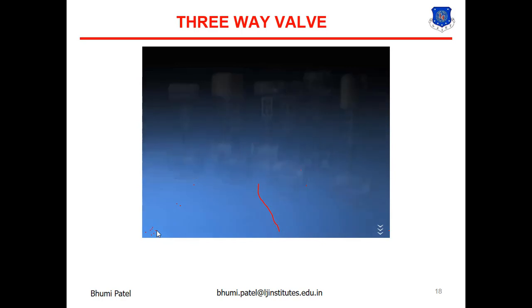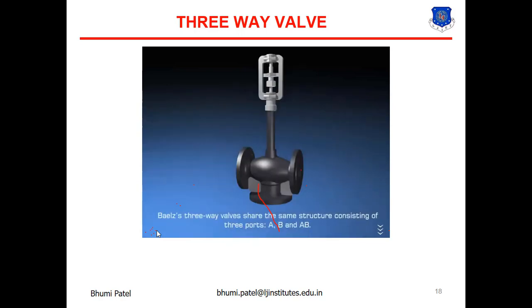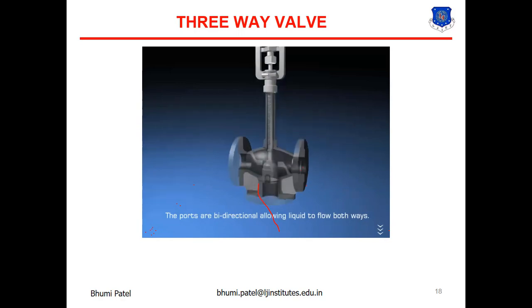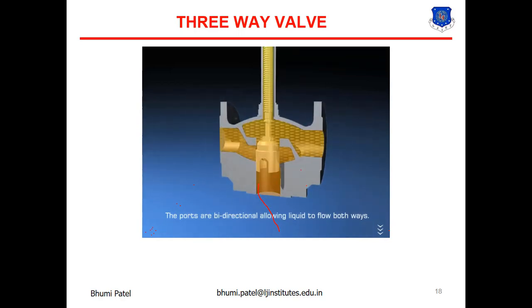Now the next one is the three-way control valve. Here the three-way control valve shares the same structure of three ports: port A, port B and port AB. The ports are bidirectional, allowing liquid to flow both ways.